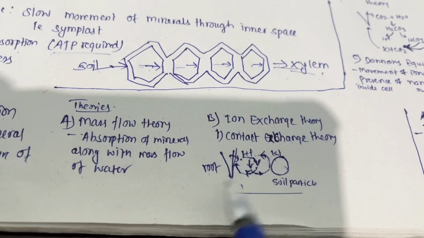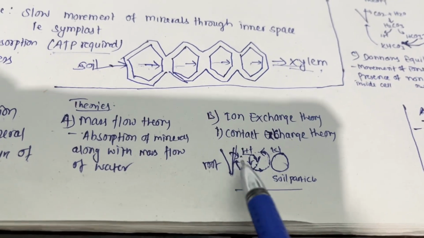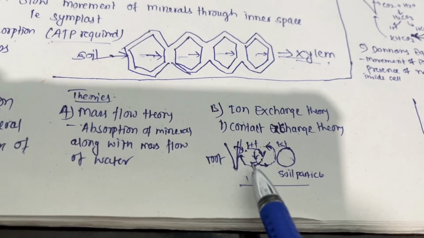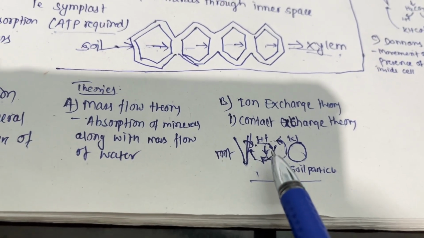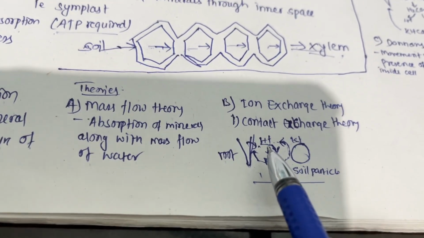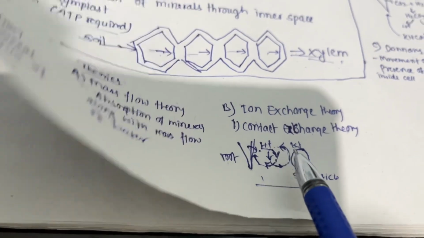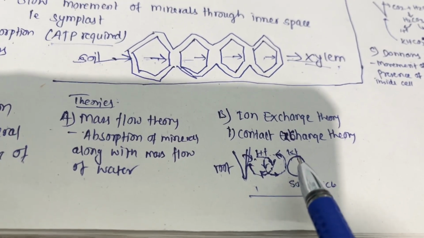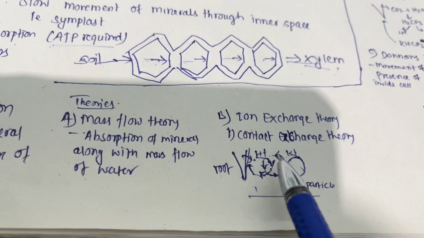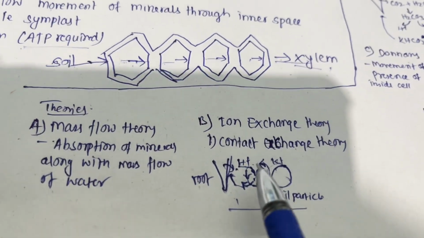Both are cations. The hydrogen ions will move in their oscillating path. This circle is known as the oscillating path. And the potassium ion from the soil particles will also move within its oscillating path.